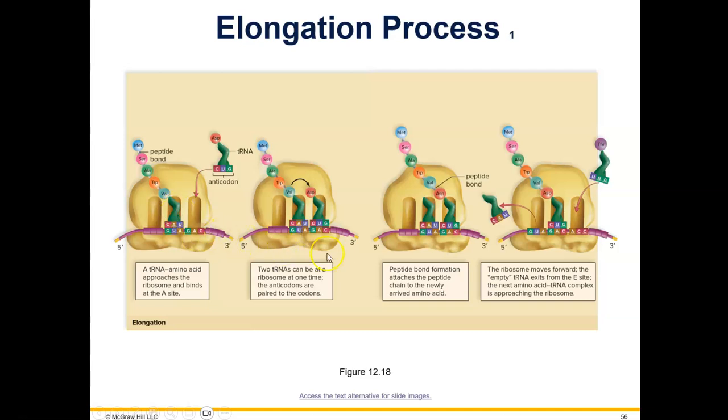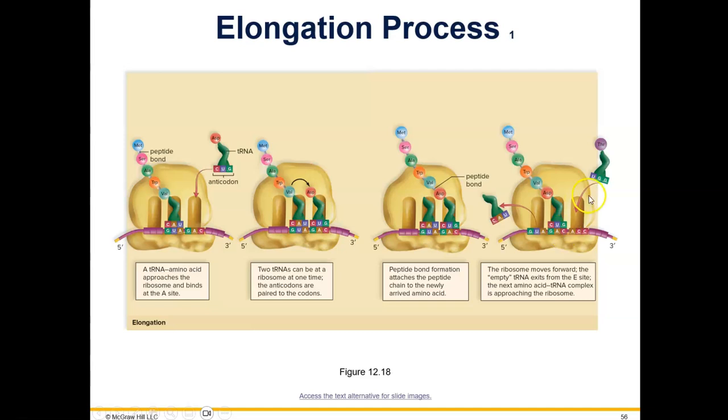Now you're going to see in this next step that the anticodon and the transfer RNA carrying the next amino acid that's going to be added come into the A site. And then you're going to see that aspartic acid, I think is what it is going to be, is added in the A site.